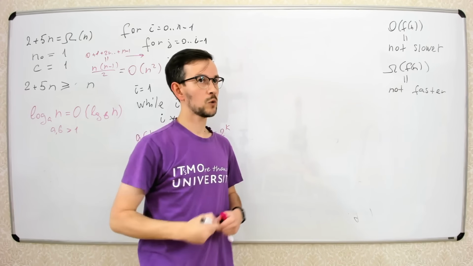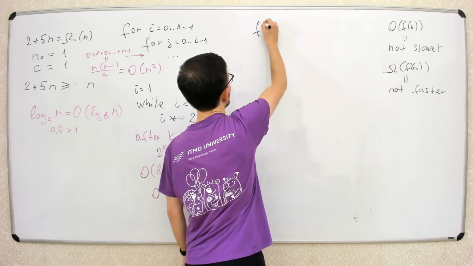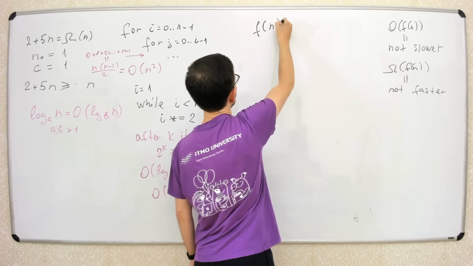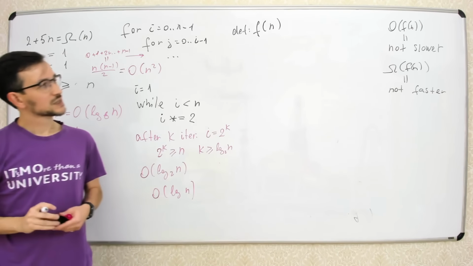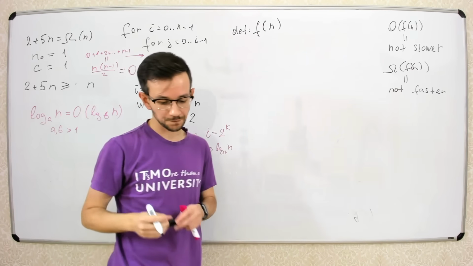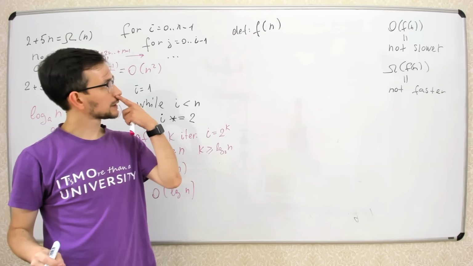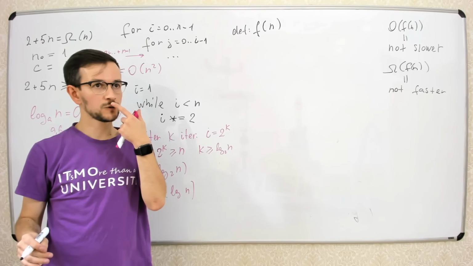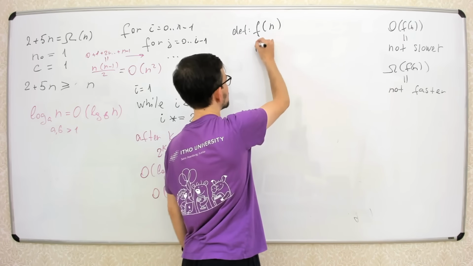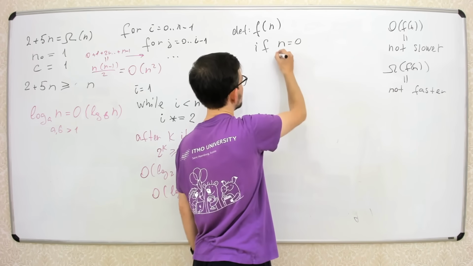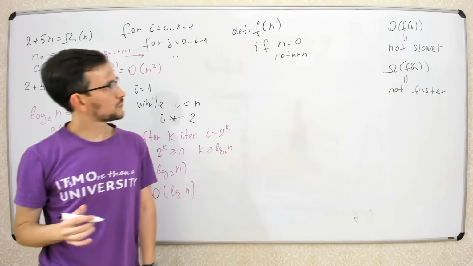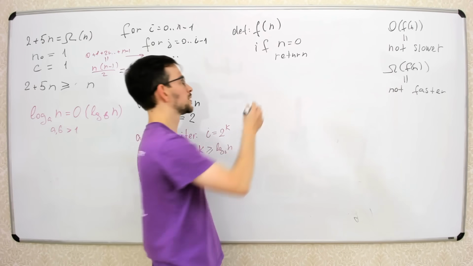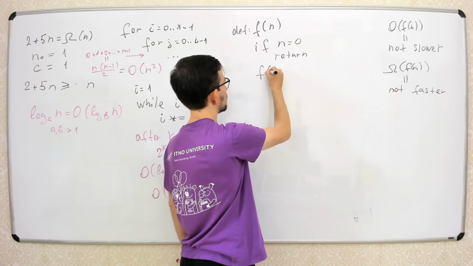For example, let's say we have f of n, like in Python. We have some function, and it does something like this. If n equals 0, then just return. And if it is greater than 0, then we call f of n minus 1.